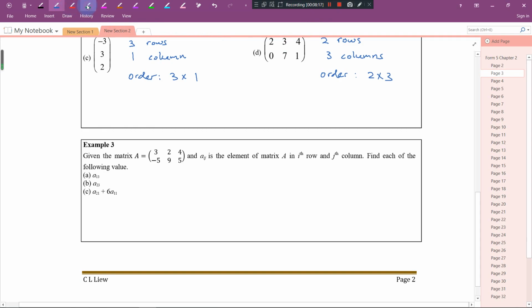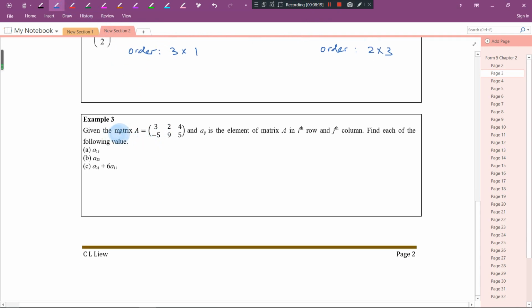Okay, now let's try another example. Given the matrix A, let me copy it down first. A is equal to 3, 2, 4, -5, 9, 5. We want to find each of the following values. State the element of A13.